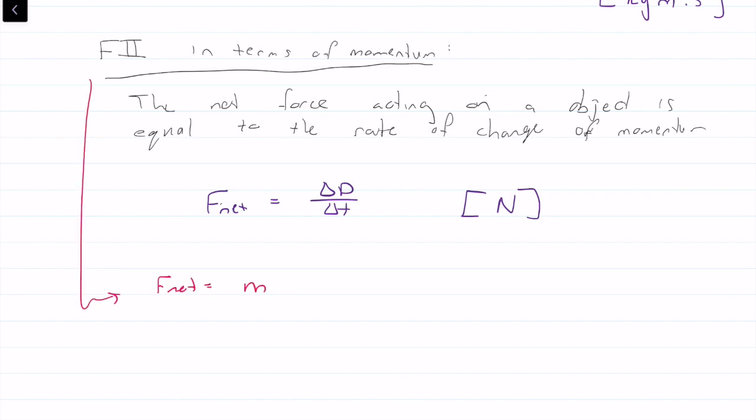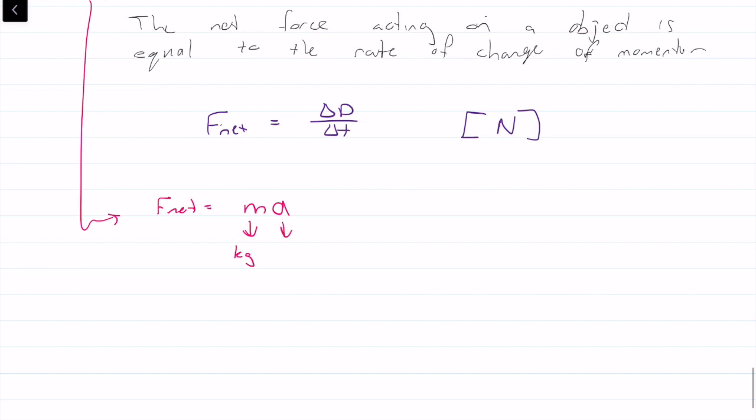Let's make sure our original definition of F net from Newton's second law, F net equals mass times acceleration, matches. Mass has units of kilograms and acceleration has units of meters per second squared. In our new definition, F net equals delta P over delta T, this has units of kilograms meters per second divided by change in time, which is in seconds.